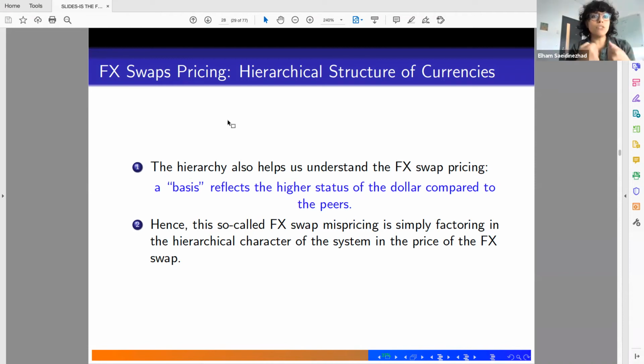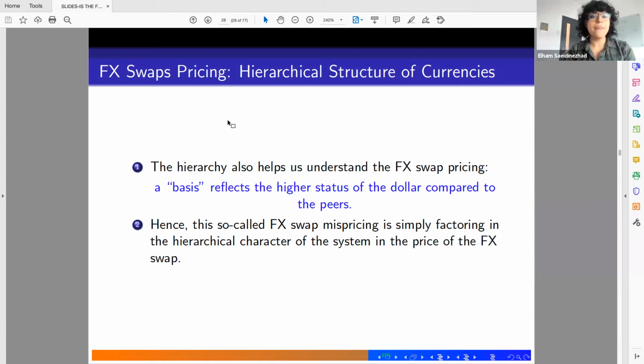Because again, one of the collaterals belongs to a lower layer of the hierarchy compared to the other collateral. And in asset pricing, we know that when we are facing such a kind of risk, we have to price that risk. The existence of the premium is only an implication that the market is correctly pricing that risk.